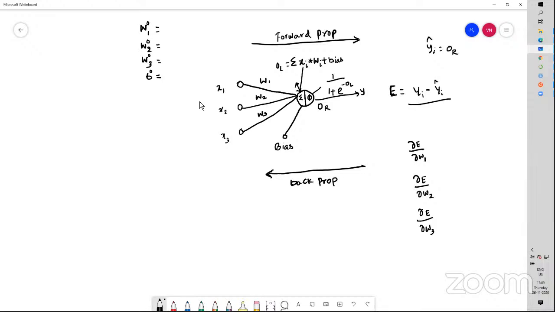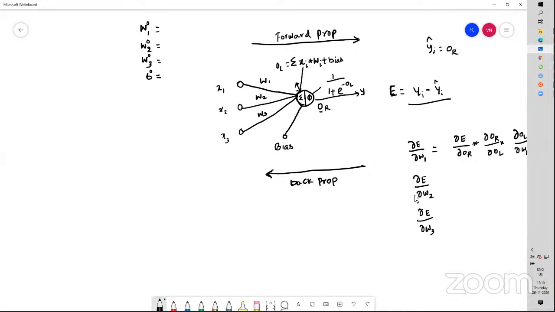We are going to do it like this: dou E with respect to dou OR, the output of the activation function, into dou OR divided by dou OL, the output of the summation function, into dou OL divided by dou W1.